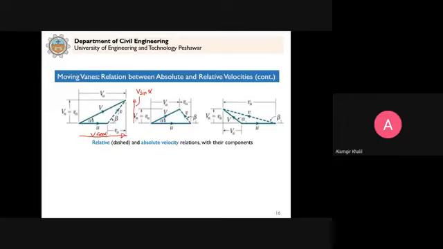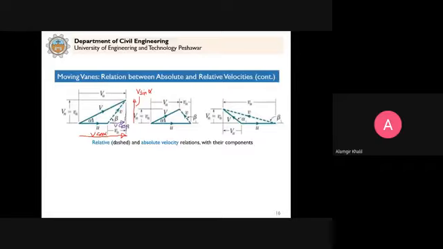Now we have the relative velocity. The relative velocity makes an angle beta. So in this case, one is this component here. What will this component be? It will be small v into cos of beta.